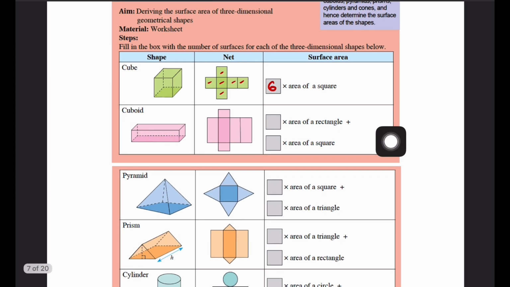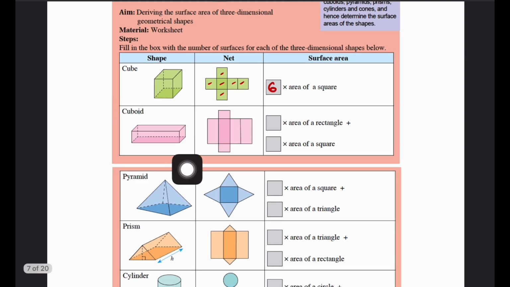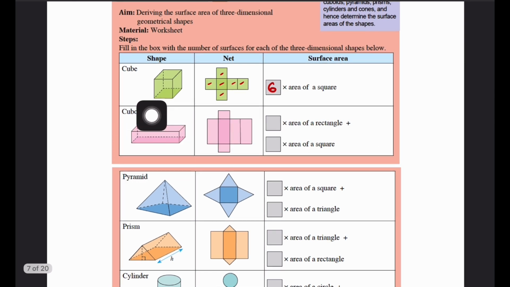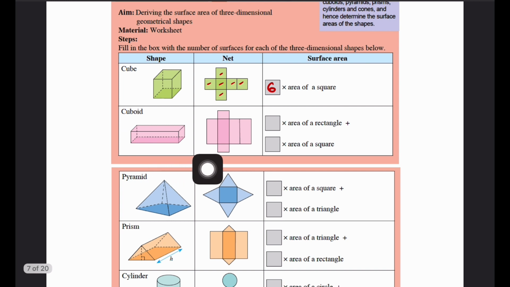Next we look at the second shape, which is the cuboid. The net of the cuboid looks like this. Over here we can see that there are 1, 2, 3, 4 shapes of rectangle, and then we have 2 shapes of square.